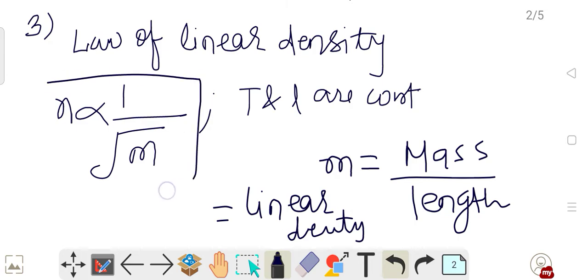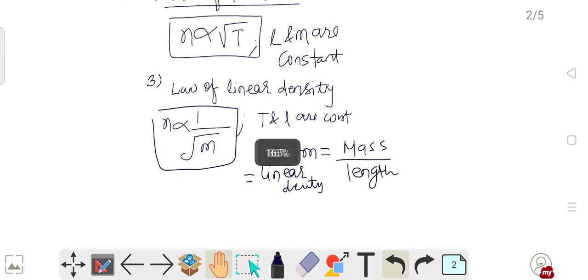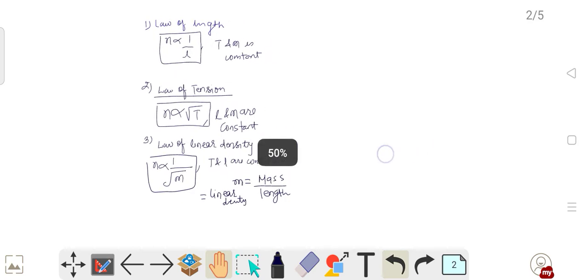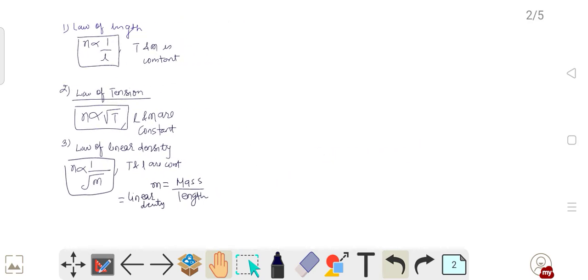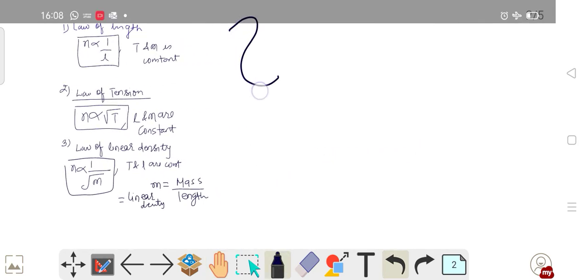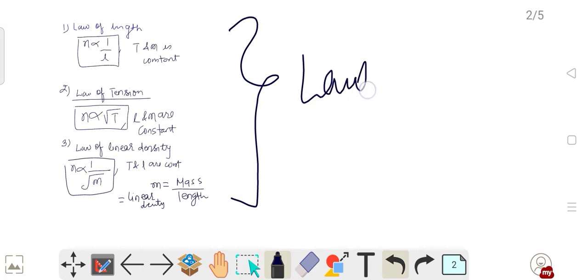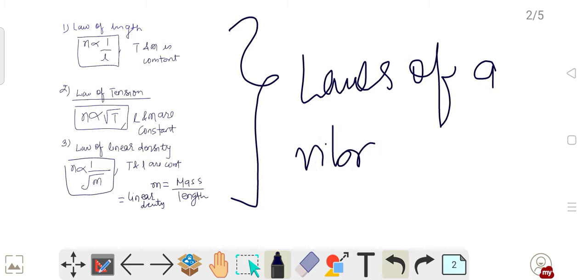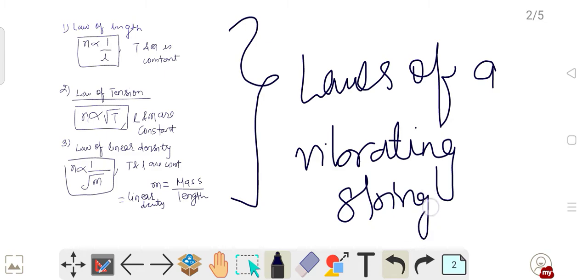So this is the third law. So these are the three laws of a vibrating string.